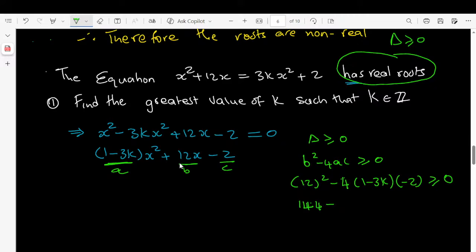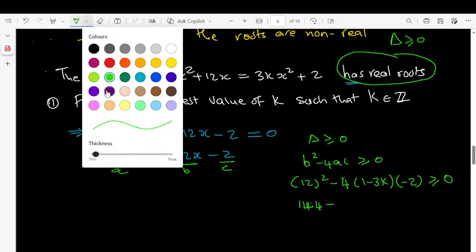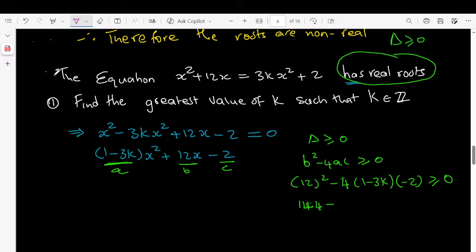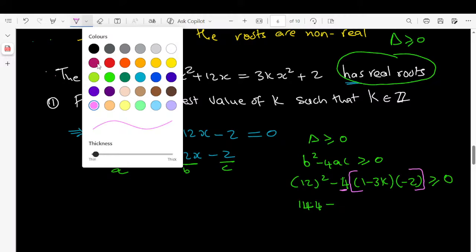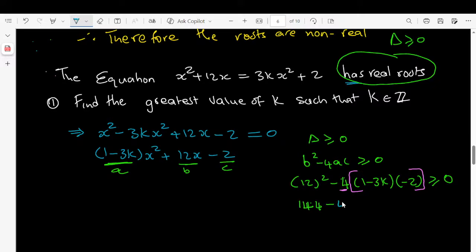I don't have to make mistakes. I need to multiply out the brackets. The first thing I need to focus on is to multiply these two brackets by negative 2, so that the answer I get, I will still have to multiply by minus 4. I think that is the best way to do this. So I'll have minus 4 outside the big brackets. This will give me negative 2, and then this will give me positive 6k.